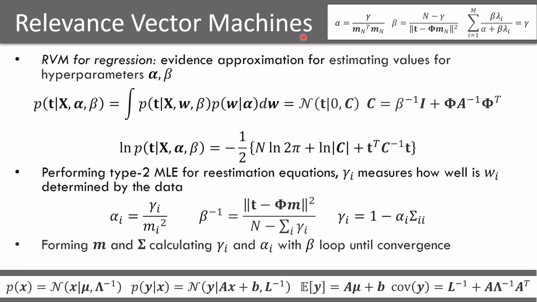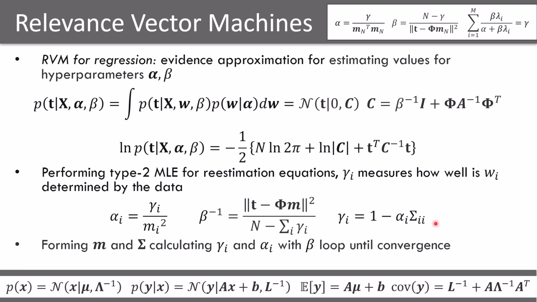Gamma divided by this dot product is very similar to this term for alpha i, and beta inverse is also very similar in formulation. For the gamma there is a slightly different formulation, but we will simply leave the gamma calculation at the point where we define it here and use it.